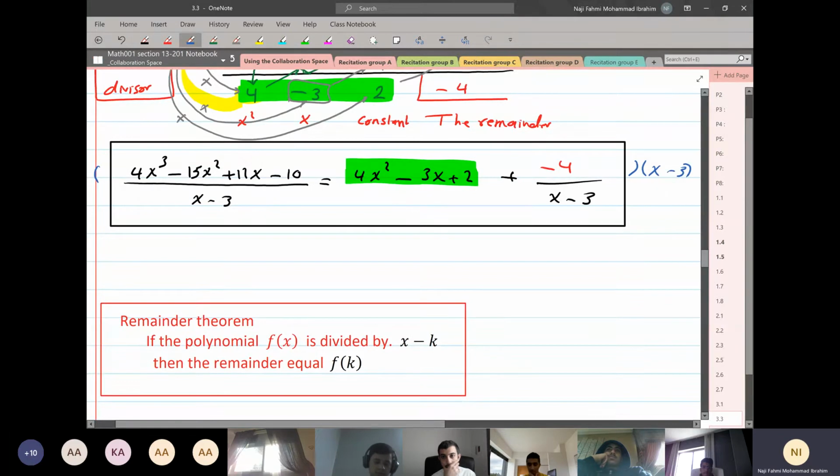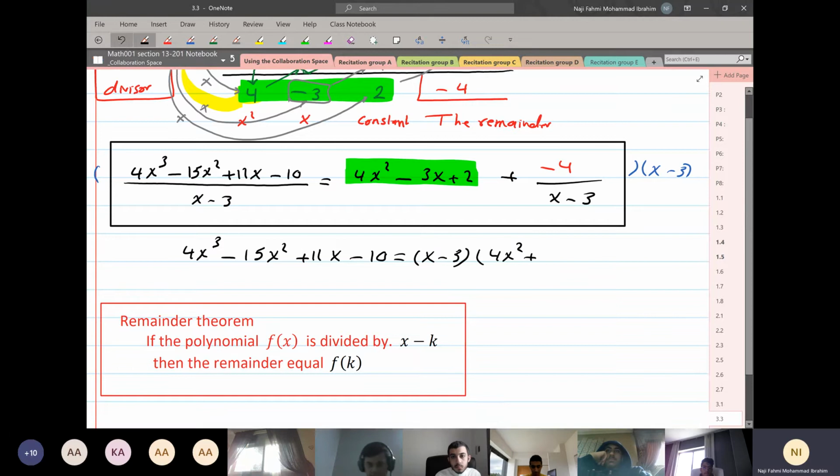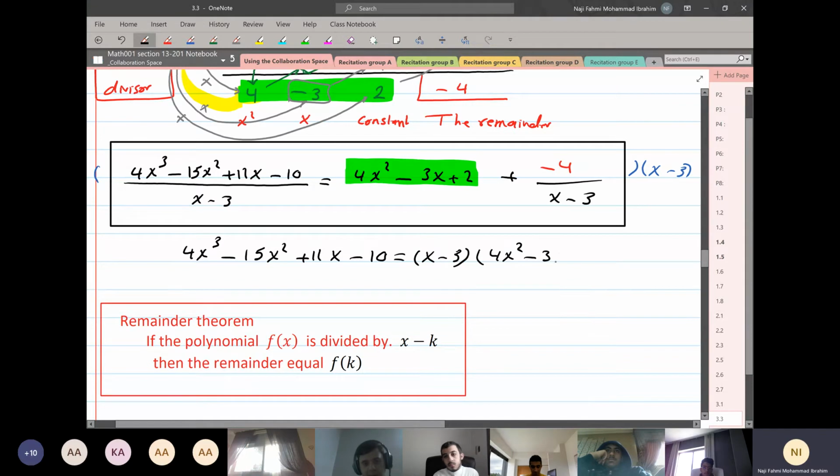So if I multiply by x minus 3, I will say 4x to the power 3 minus 15x squared plus 11x minus 10 is equal to x minus 3 multiplied by the quotient, minus 4.